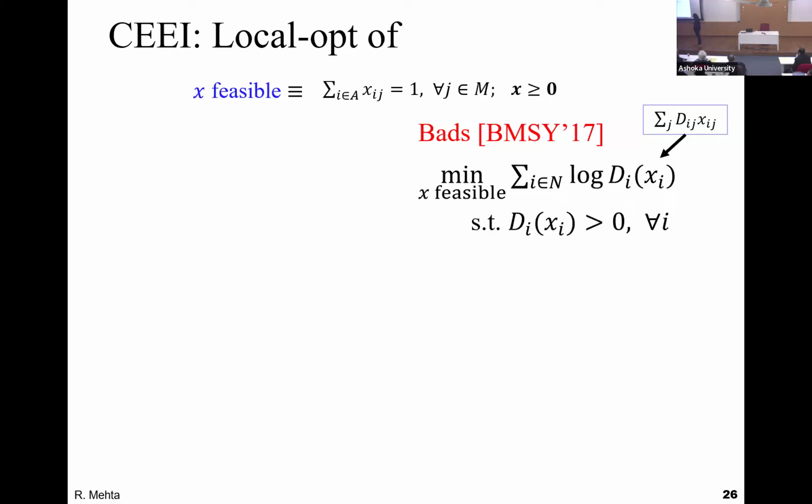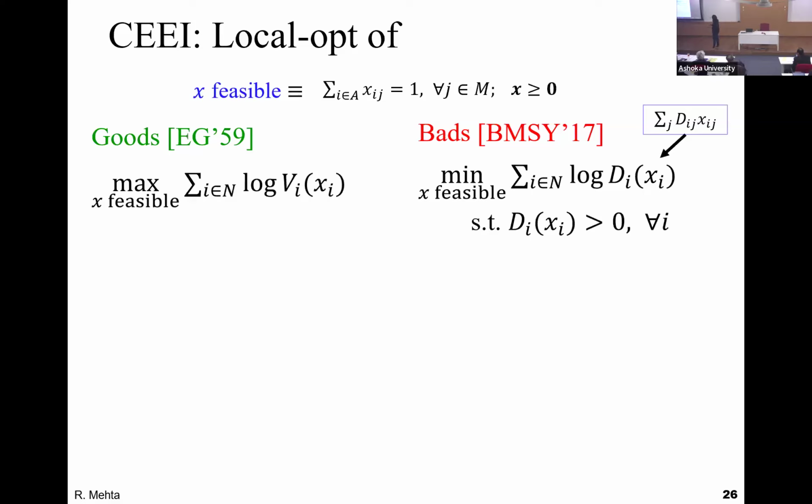Xi is a bundle, so Xij is going to be the allocation of job j to agent i. It could be zero, but the agent should get something so that its disutility is non-zero. The bundle should be non-empty for every agent. Otherwise, I can give an empty bundle to one agent and just make the product zero.